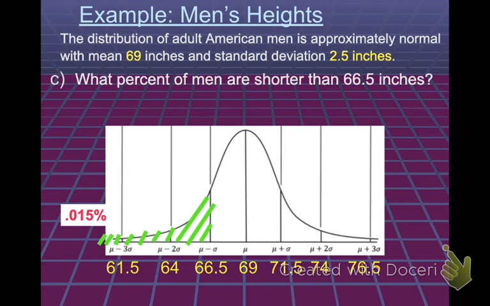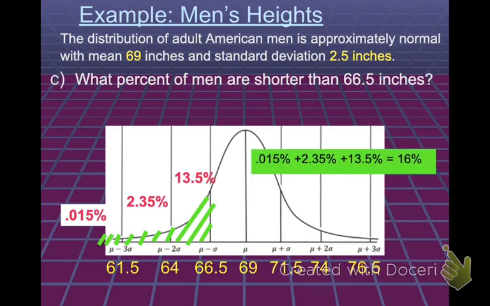So 0.15%, 2.35%, and then 13.5%. We add those together to get 16%. So 16% of men are shorter than 66.5 inches. If they asked you proportion, then you would have just said 0.16.